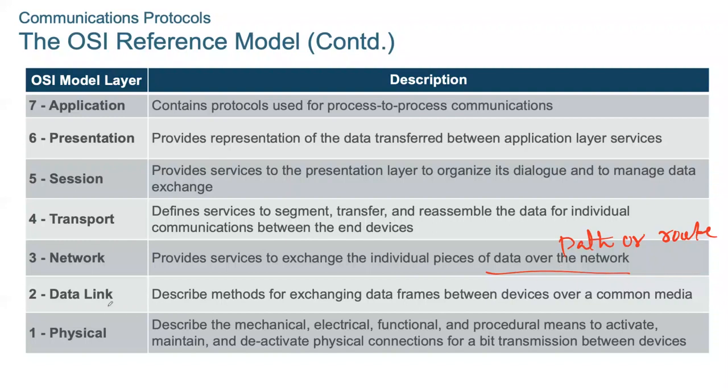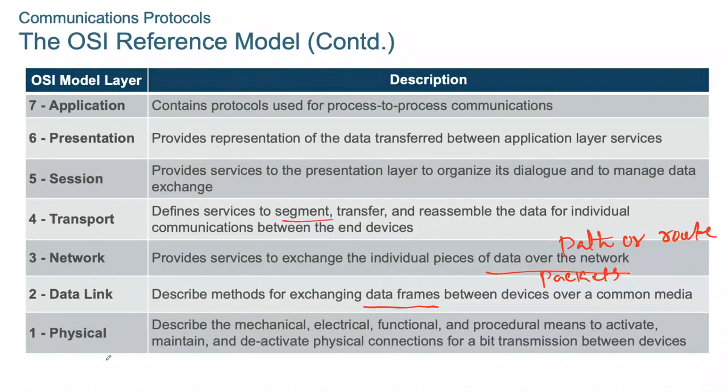Your data link layer describes the method for exchanging data frames, whereas in the network layer the data over the network uses packets. The transport layer divides data into segments.